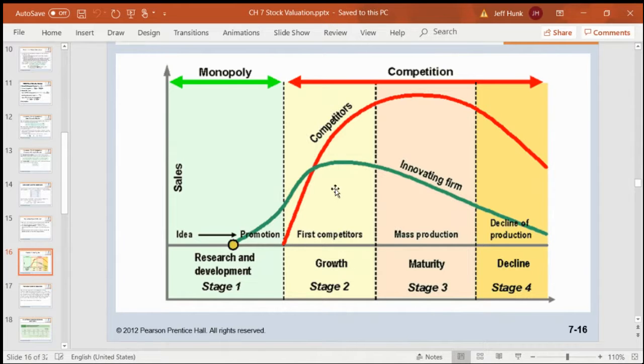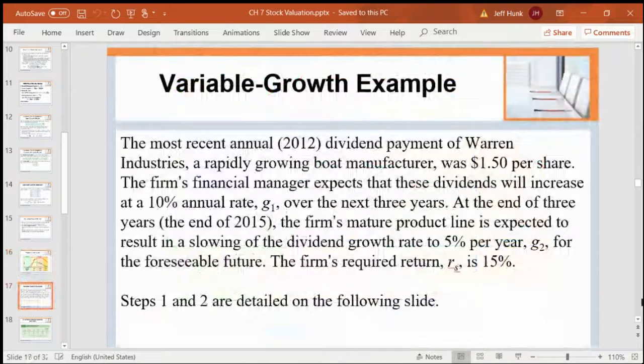There is a fast growth phase, and then a slower growth phase. So if it says a rapidly growing company, that means there will be a slow or constant growth phase later.